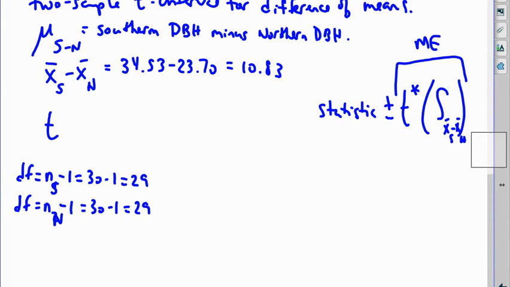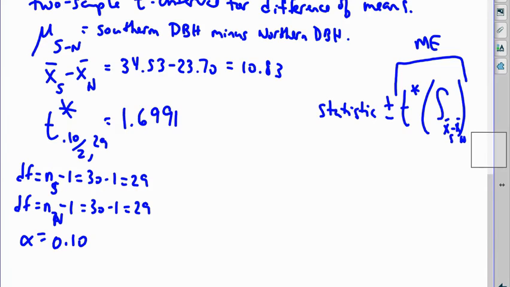They want us to go with a 90% confidence interval. So alpha is equal to 0.10. So 0.10 divided by 2, 29. And that critical value coming out of the calculator using inverse t, 0.05, comma 29, or a table, but calculator's way faster, you get 1.6991.